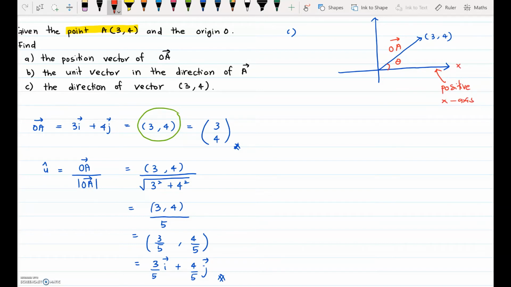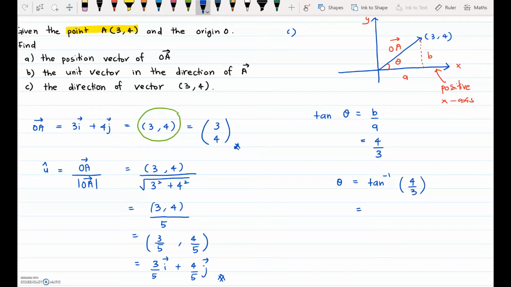Then how to find it? This will be your b and this will be your a, and the formula is tangent theta equals b over a, which means b is y, so it is 4 over a, which is 3. That is tangent theta. So theta is the tangent inverse of 4 over 3.